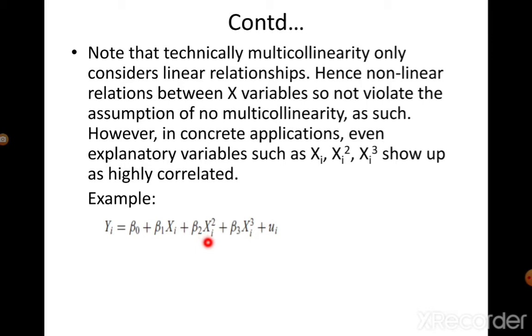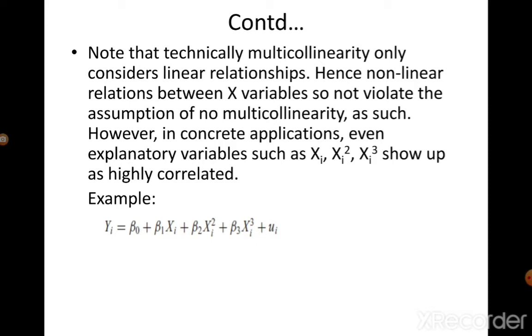But practically, if you run this model and you test the collinearity between xi square and xi cube, you will notice that it shows up as being highly correlated. Not perfect, because it's not a perfectly linear relationship, but still xi square and xi cube will show high correlations if you test it statistically.